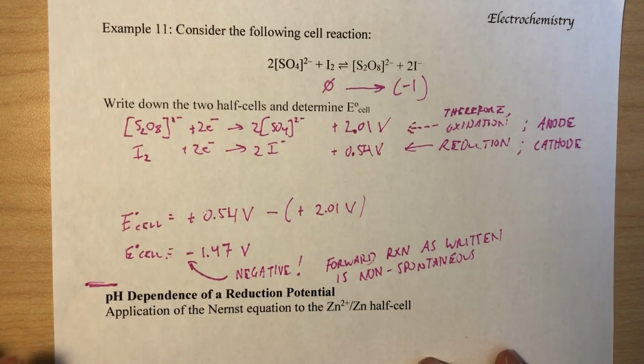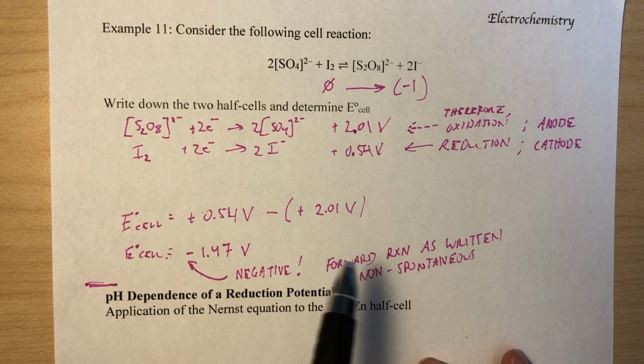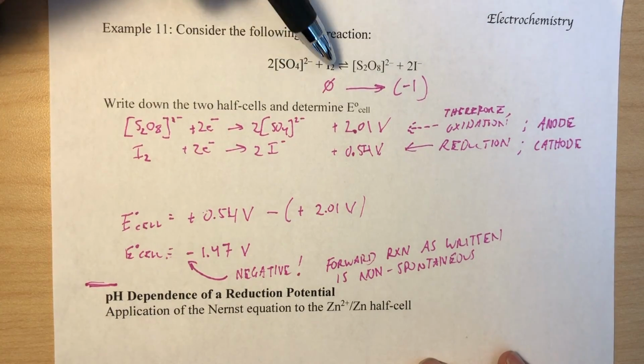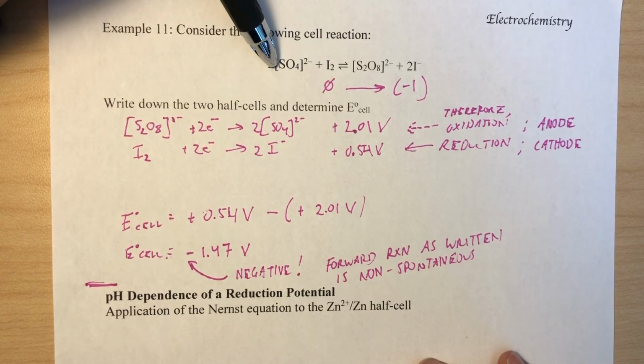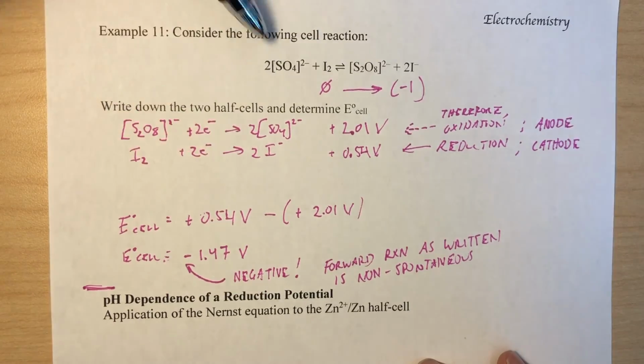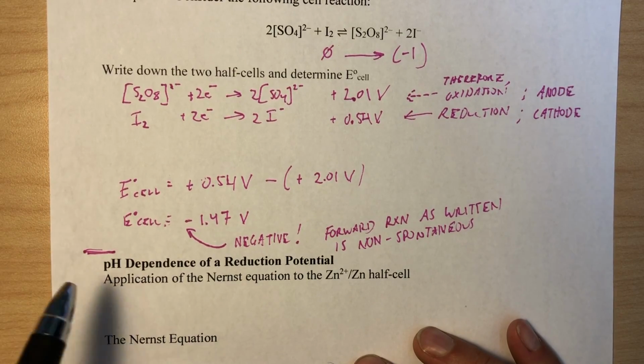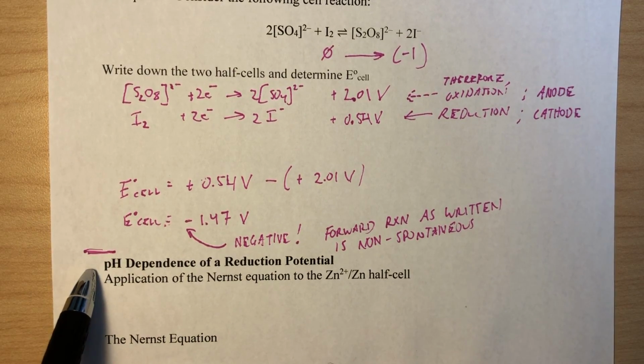Well, the answer is no, because we get a negative E cell, which would correspond to a positive delta G, which tells us that the forward reaction, as written, is non-spontaneous. So this happens very frequently in research, where you are trying to tell if a certain redox reaction with two things would react together spontaneously. In this situation, they absolutely would not. And we're going to end there, and we will not be getting to the pH dependence of reduction potential.